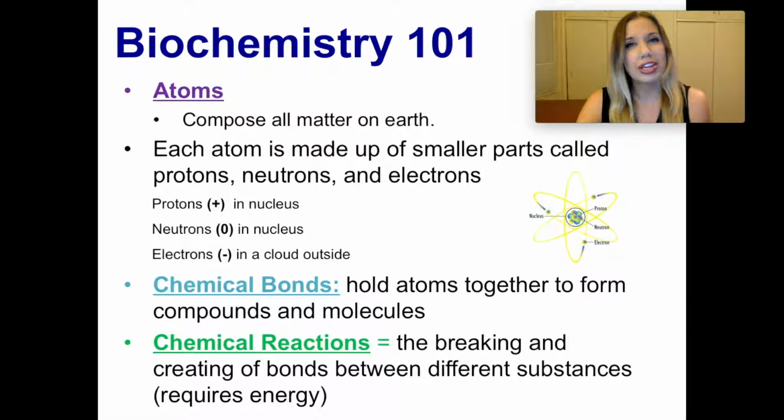When we're talking about chemical reactions or biochemical reactions, we are actually talking about the breaking and creating of bonds between different substances, which is a process that requires energy. Biochemical reactions are just reactions that happen in living things. That's all that the little tag bio is referring to when we're talking about biochemistry.